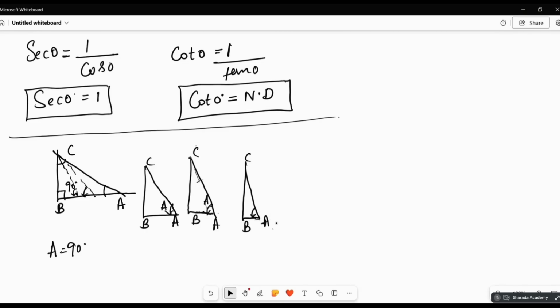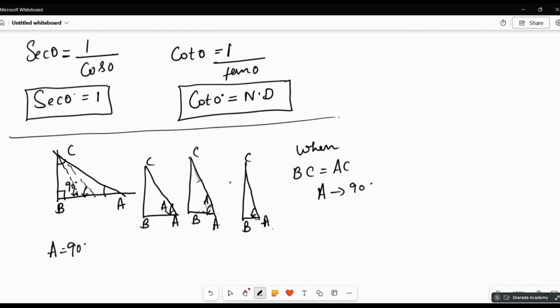When angle A becomes 90 degree, BC will be equal to AC.